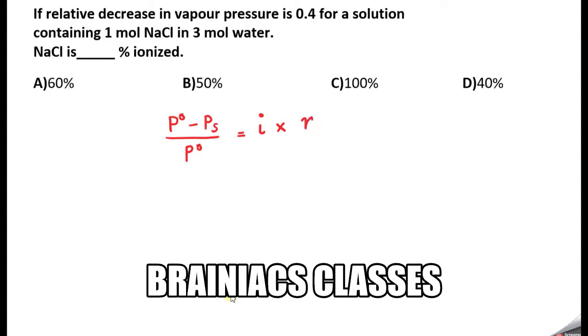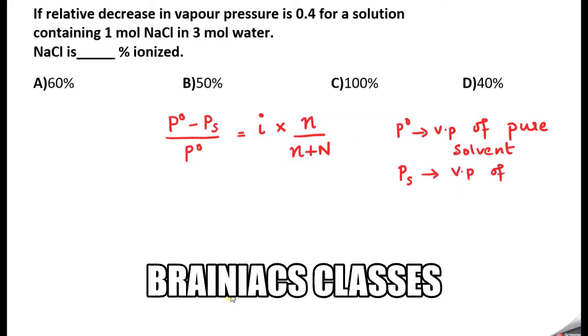So here P0 indicates the vapor pressure of pure solvent, and Ps indicates the vapor pressure of the solution, correct?